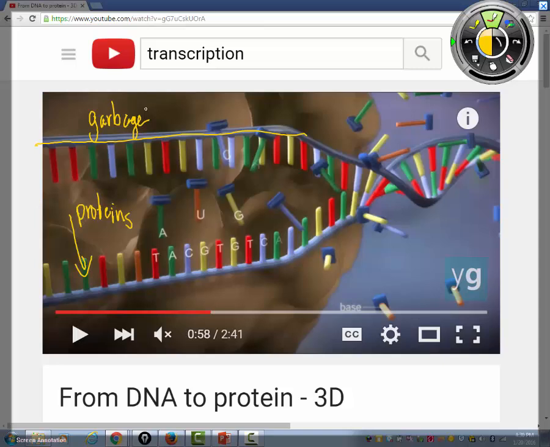So when a cell needs to make a protein, it is going to activate the gene, that section of DNA that codes for that particular protein. Now remember, you have all the genetic information to make all the proteins inside every cell of the body. But let's say you want to make insulin.